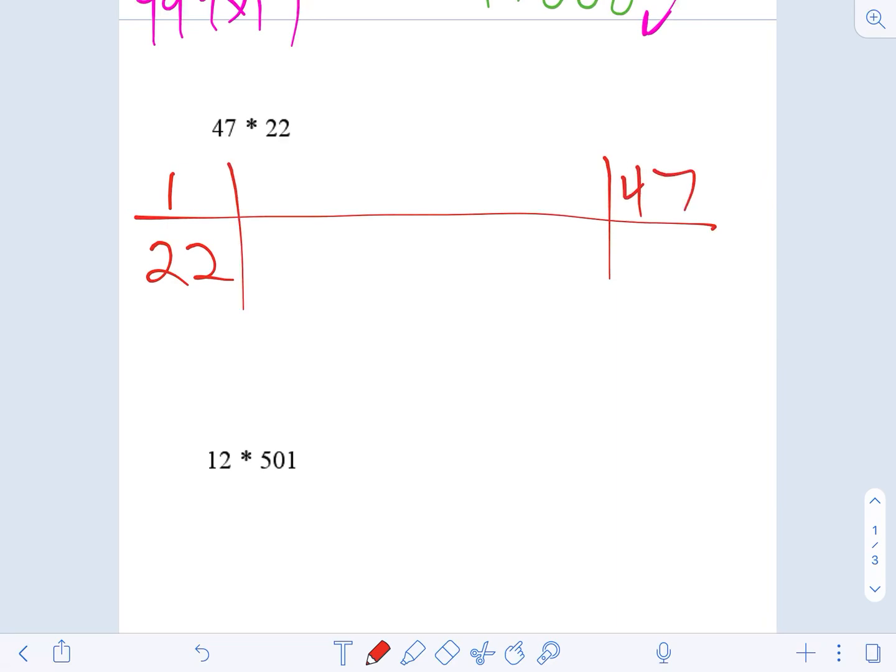Okay. Oh man, that looks tough. Well, what if we just say 47 is super close to 50? Okay. Well, it would be 50, but it's 3 away from 50, so that 3 is going to be important. We got 3, and we got a 50. Because if we could do 50 minus 3, we'll get 47.